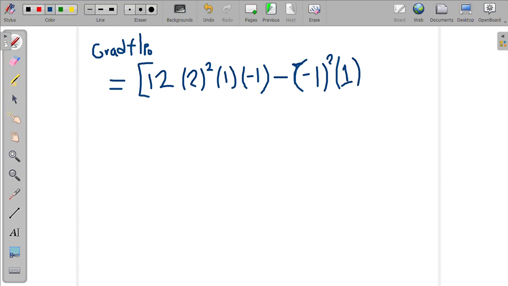Then we close the bracket. After closing the bracket, we also close the square bracket and write i here.